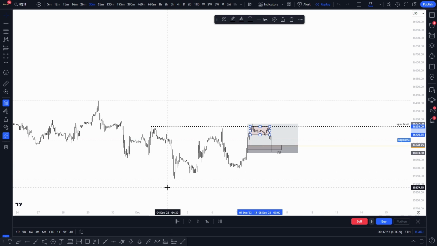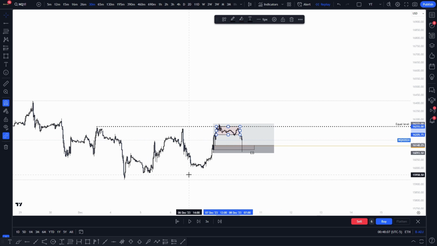Notice how we keep making higher highs and higher lows. Notice how we created a higher high, got another higher high. Notice how we failed to create a lower low here. So based on that, we understand market structure is still trending up. We are still trying to find and seek higher time frame drawn liquidity.